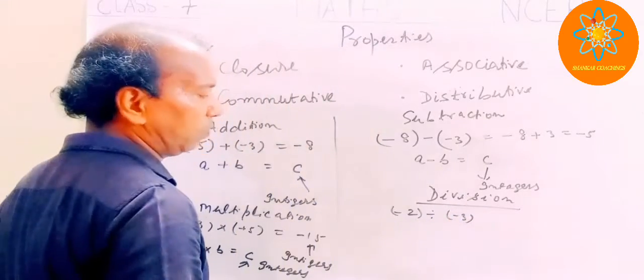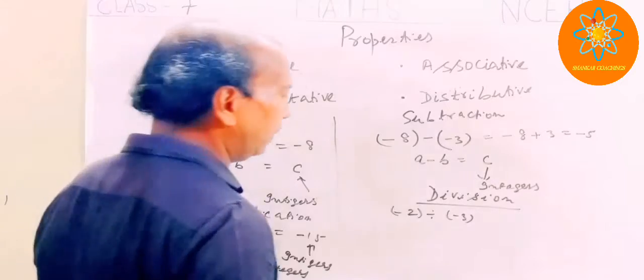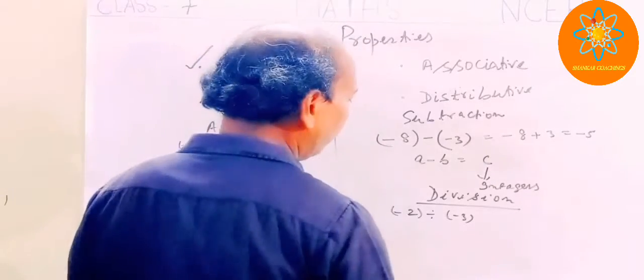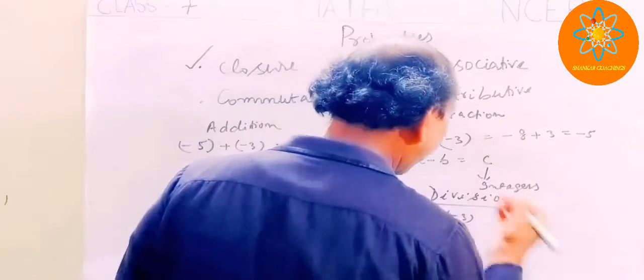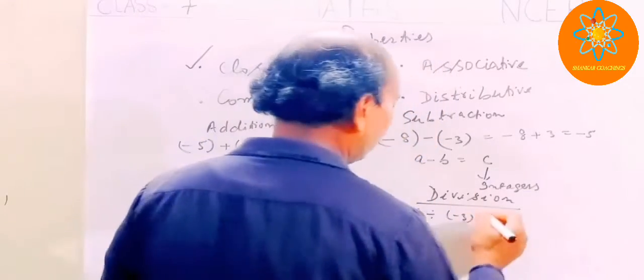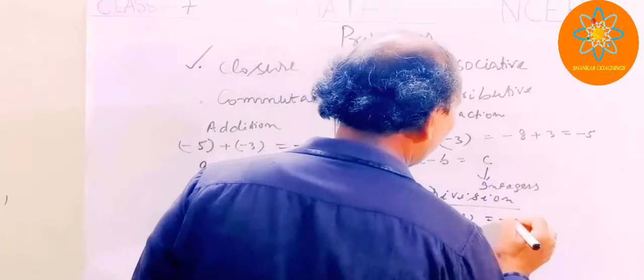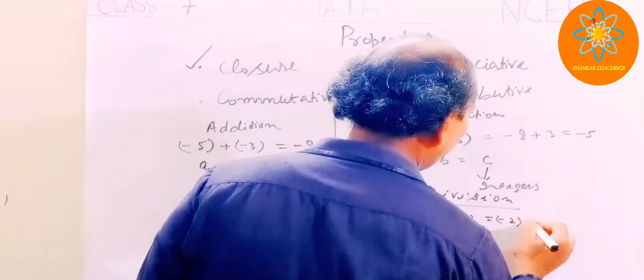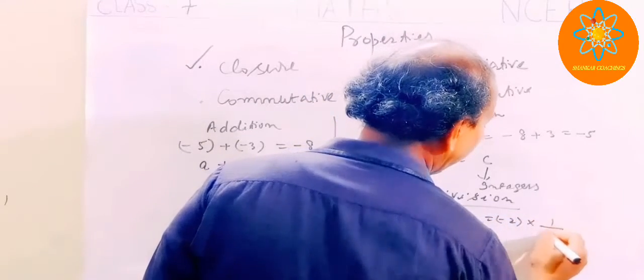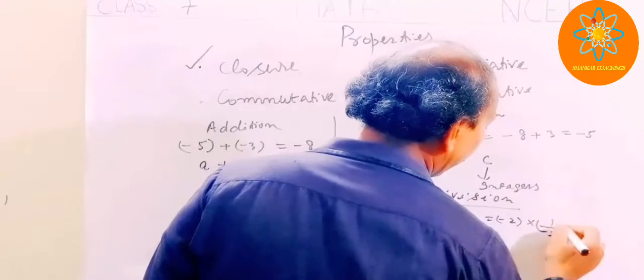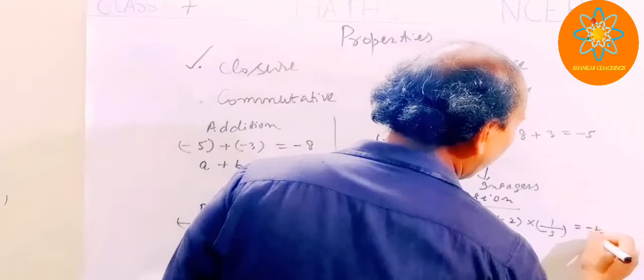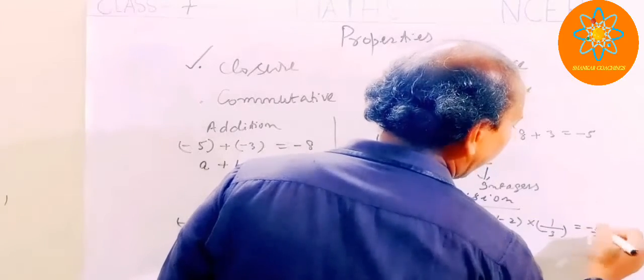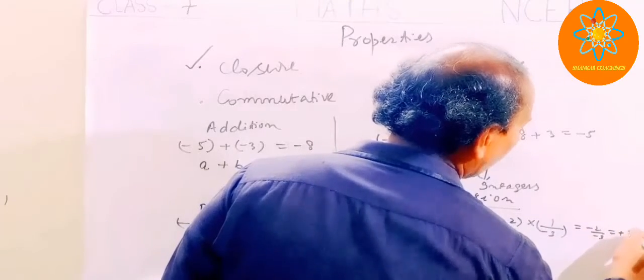This is the division of integers. So the right-hand side I will change into multiplication, and for that I have to take the inverse. This is equal to -2 by -3, same sign, so this is +2 by 3.